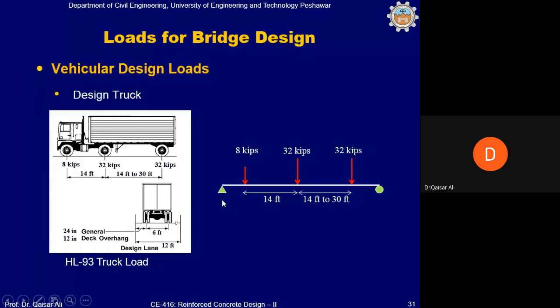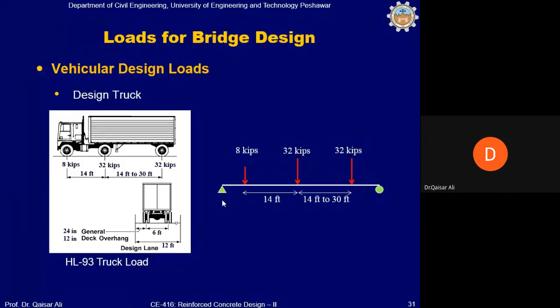Okay, if we want to apply these axle loads in a one-dimensional bridge model, they are shown on this line. A simply supported bridge has been modeled as a line element, and three axle loads have been placed on this bridge, with the front axle having a load of 8 kip, the middle axle 32 kip, and the rear axle also 32 kip.